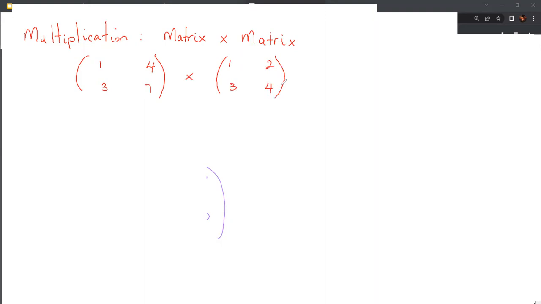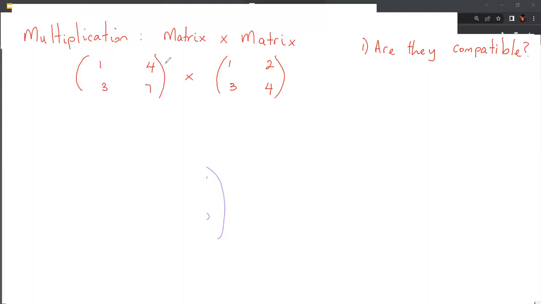Now, the first step is you have to find out if these matrices are compatible, right? So are they compatible? Now, what does compatible mean?